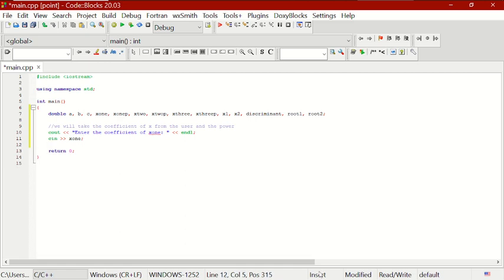Now we are going to copy this and use it instead of rewriting it multiple times. This one will say x1 power. We'll say enter the power, instead of coefficient this time. Power of x1. This one will store in x1 power.